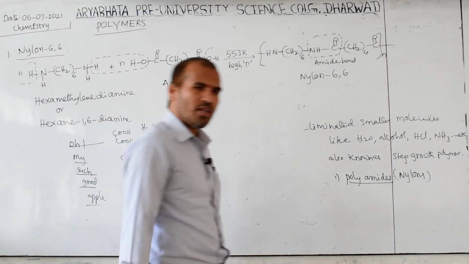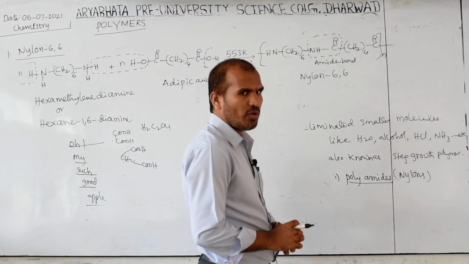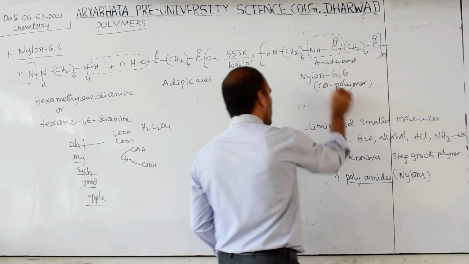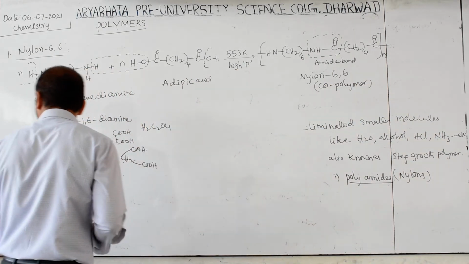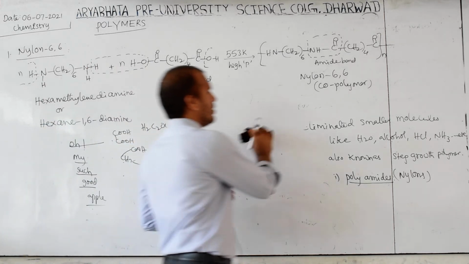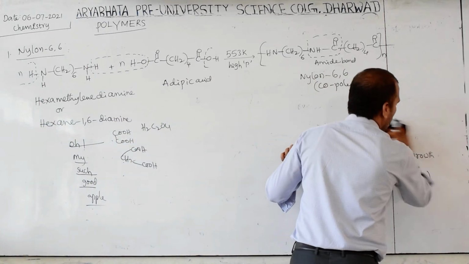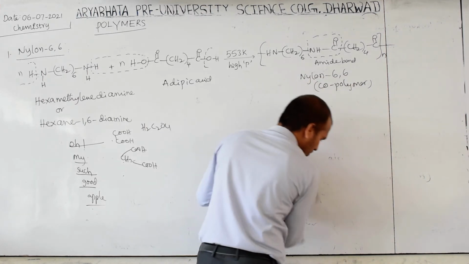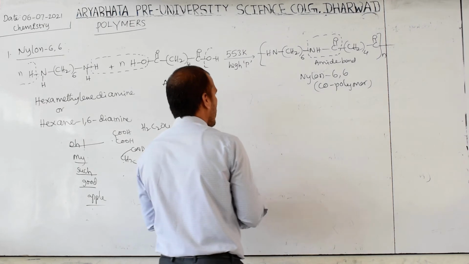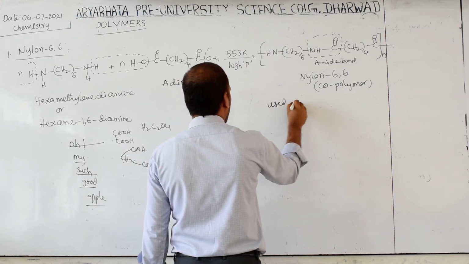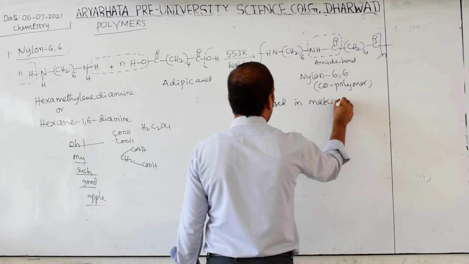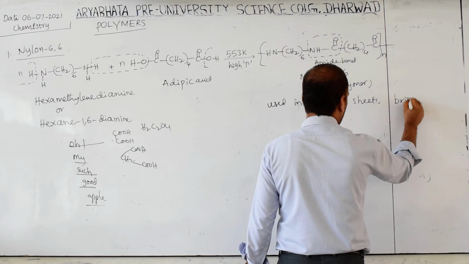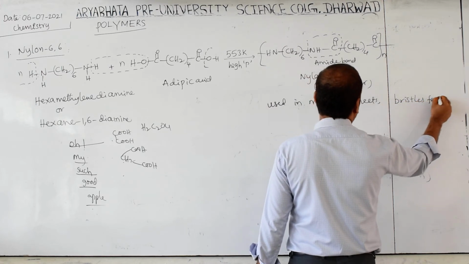Now we got which one? Nylon 6,6. Is it homopolymer or copolymer? Then write here copolymer. This is which one? Copolymer. Then uses. Used in making sheets, nylon sheets, and bristles for brushes.